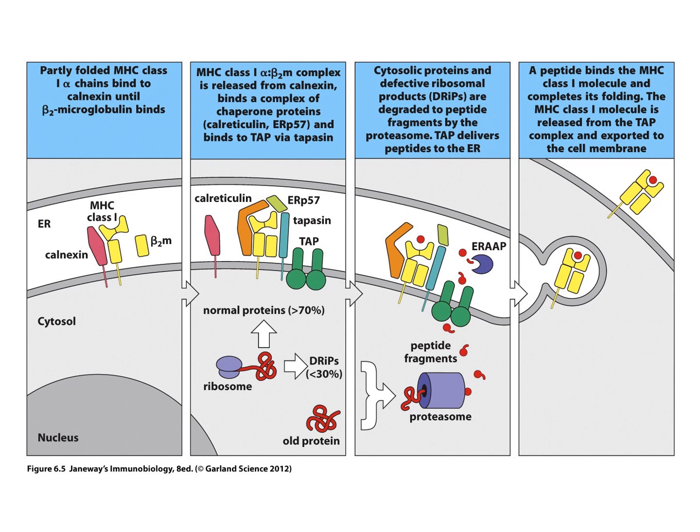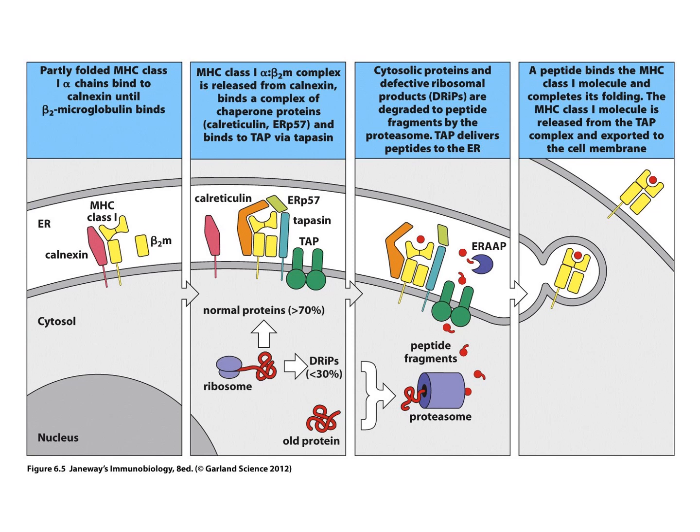Calnexin is a transmembrane protein that has a large component, as you see there. It holds the class I alpha chain there. As the beta-2 microglobulin comes in and starts inducing more folding into the alpha chain, it loses its interaction with calnexin, which is then replaced with calreticulin.